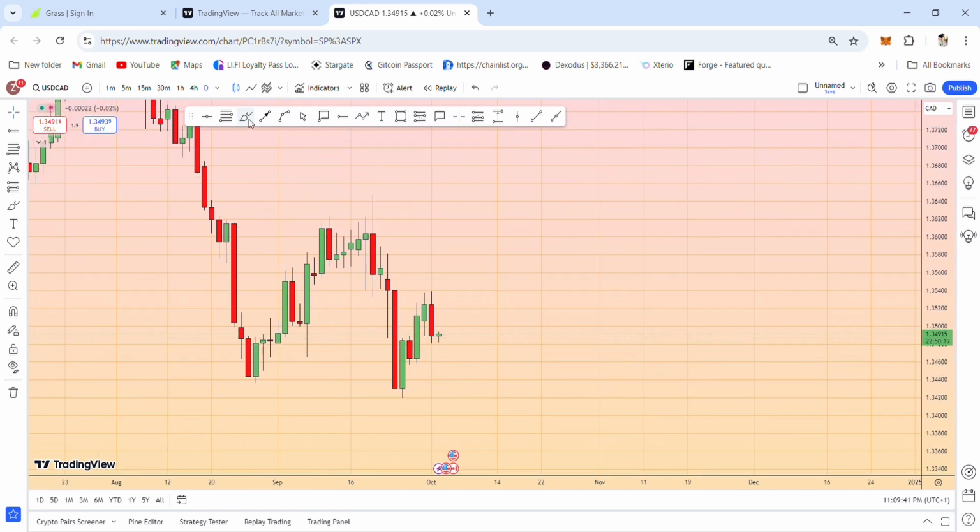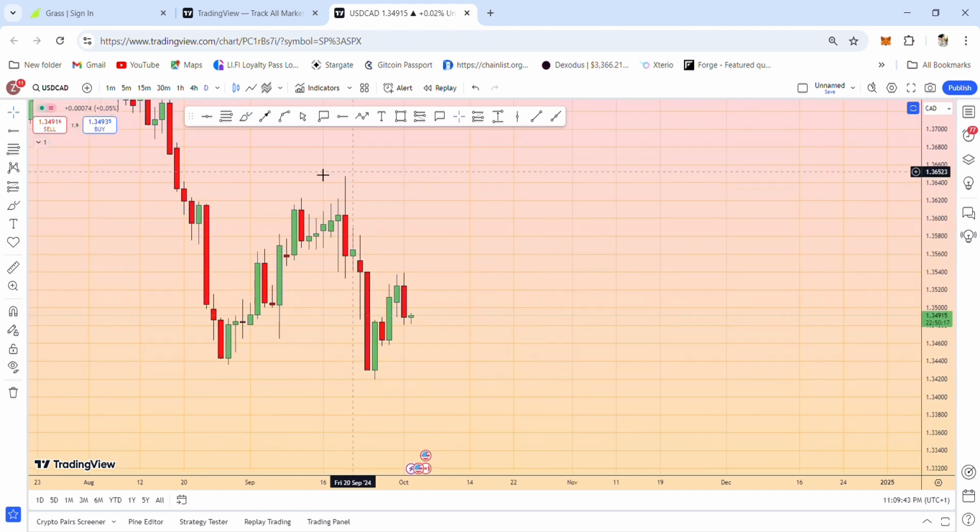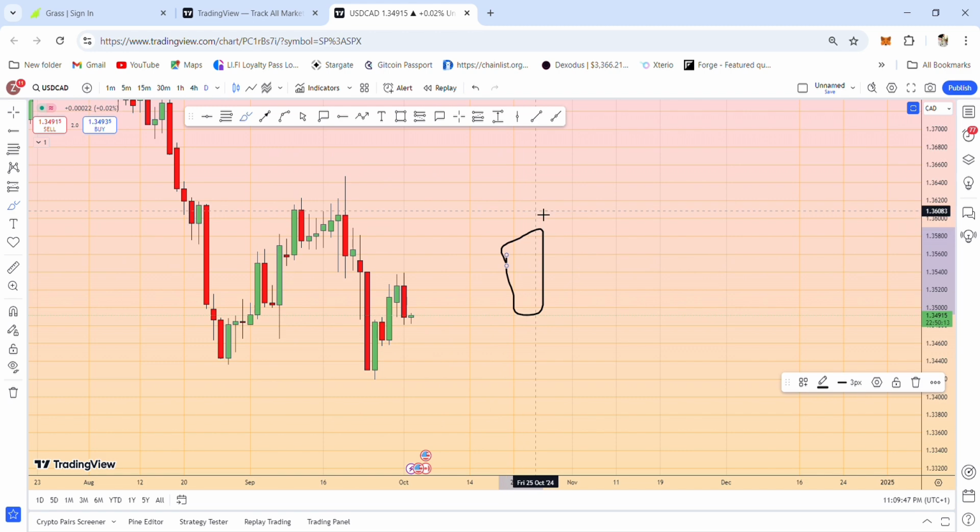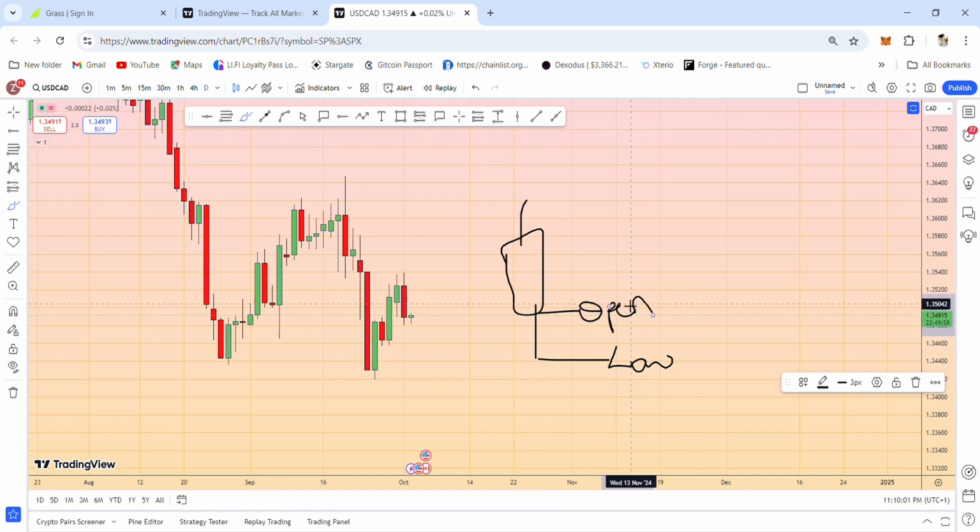Let's say you have a stick like this. Basically you have your low, your open, your close, your high.